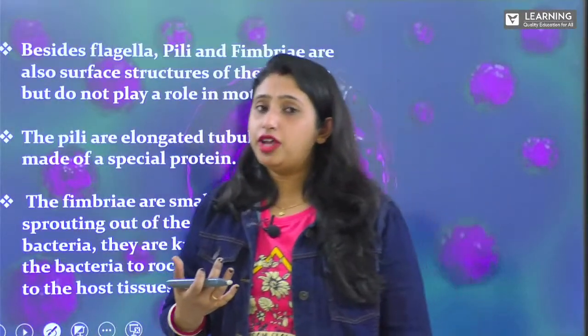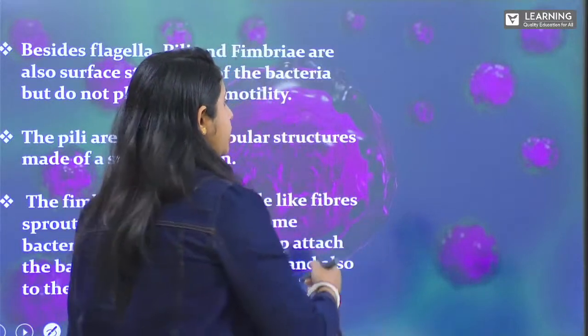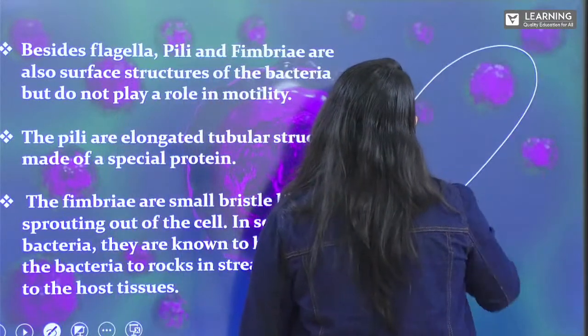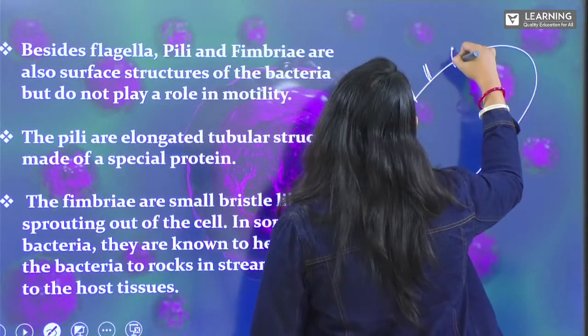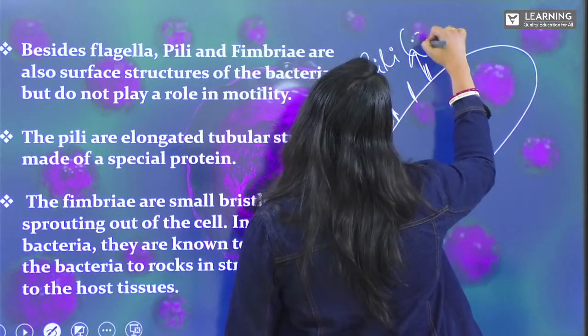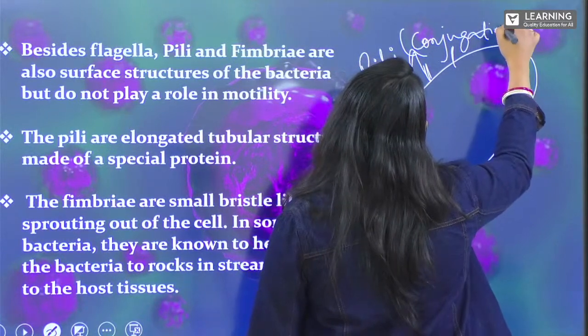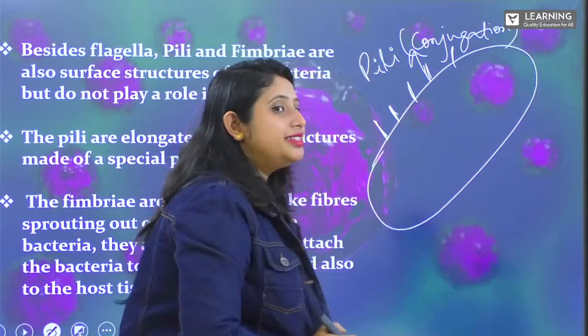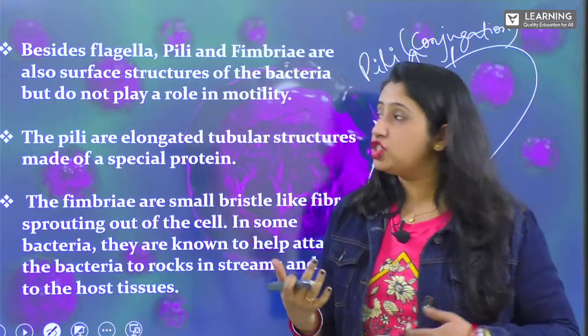Besides the flagella, the bacteria also have pili, as you have seen in the structure of bacteria. So what is this pili? The pili basically help in the process of conjugation, that is the reproduction, in the process of asexual reproduction.